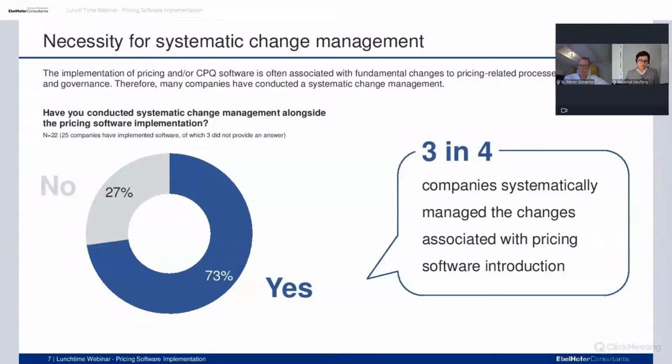And we think that this is absolutely crucial because if you take a pricing software implementation seriously, you have the opportunity to change your pricing model in a way that you previously just technically couldn't do. And now it's technically possible. And there is a great temptation in the wake of a pricing software implementation to change the price model as well. And it's absolutely crucial that you take, for example, sales and inside sales on board this journey.